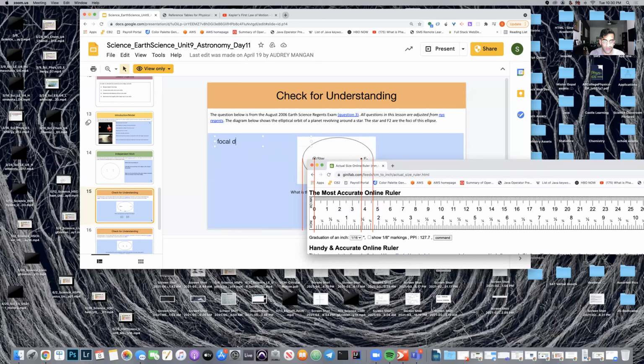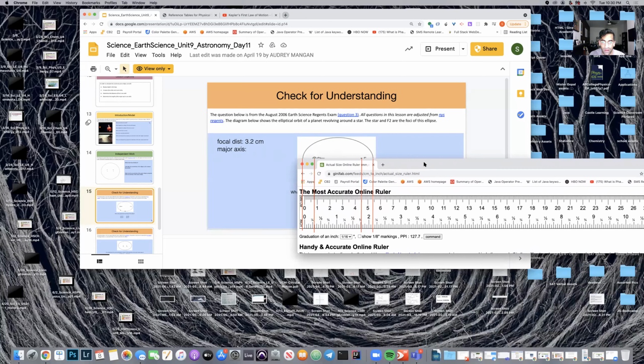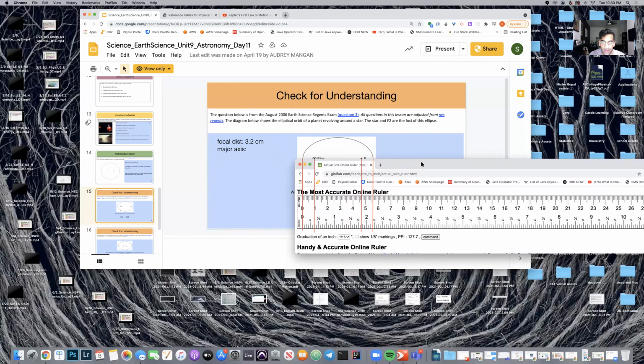Focal distance, 3.2 centimeters. And then major axis, I need to line this up again. Now with this side at 0, this side of the major axis, I have about 5.6. So I'm going to go back here, say 5.6 centimeters.